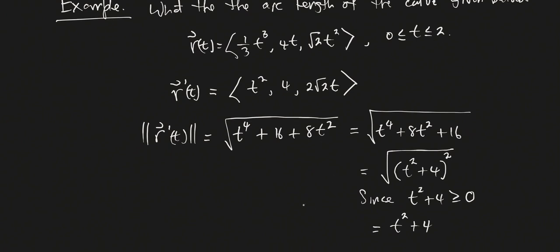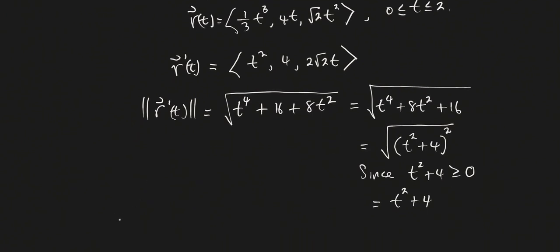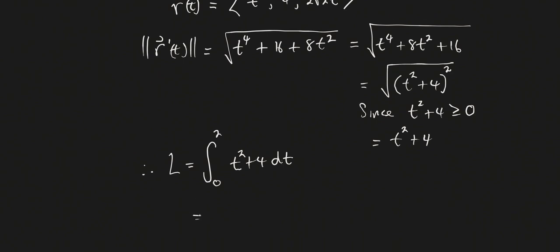So the actual integral isn't going to be too bad at all, because we've done all the work in terms of the algebra and the simplifying. So our arc length is the integral from 0 to 2 of t squared plus 4 with respect to t. So now we integrate, and we have 1/3 t cubed plus 4t, and we evaluate at 0 and at 2 using our fundamental theorem.